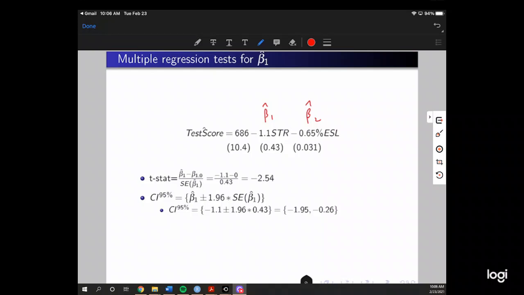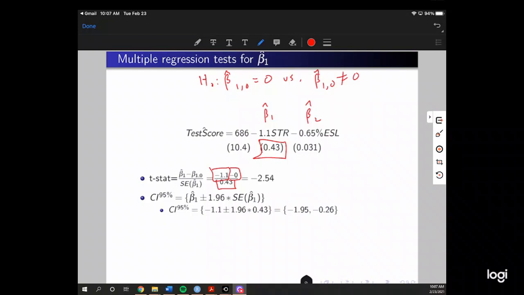So the t-stat is going to be beta hat 1 minus the null hypothesis, and again we're going to assume that there's no relationship between student-teacher ratios and test scores, so the null hypothesis is H naught beta 1 hat equals 0 versus an alternative beta 1 hat does not equal 0. And so we can plug these values into the t-stat formula. So our coefficient of beta hat 1 in this model is negative 1.1. So we plug that in, subtract off the null hypothesis, and divide by the standard error. Remember the standard error is there. And we get negative 2.54.